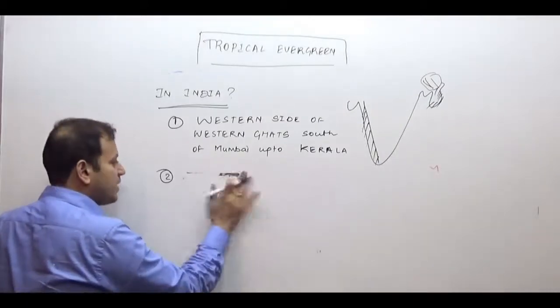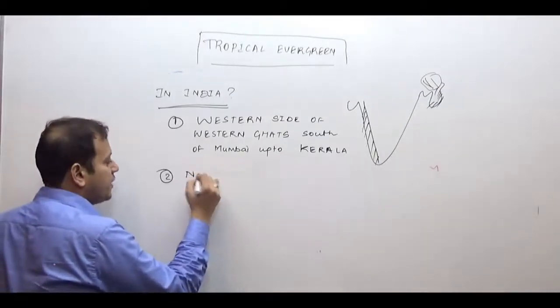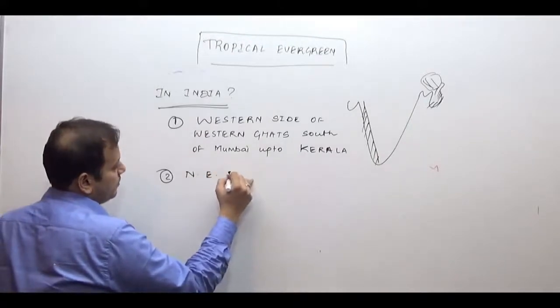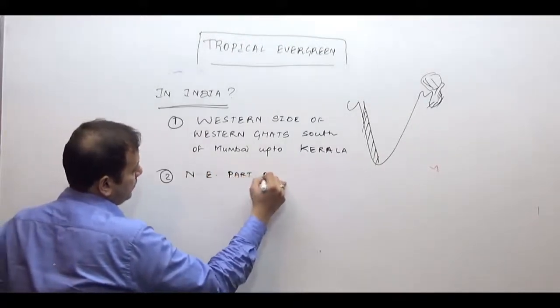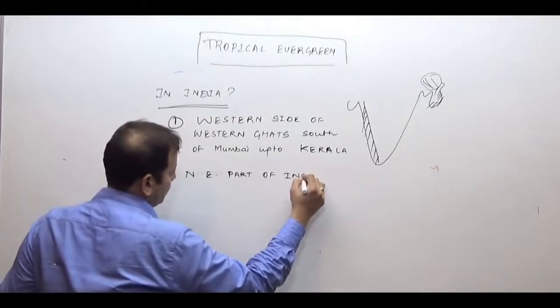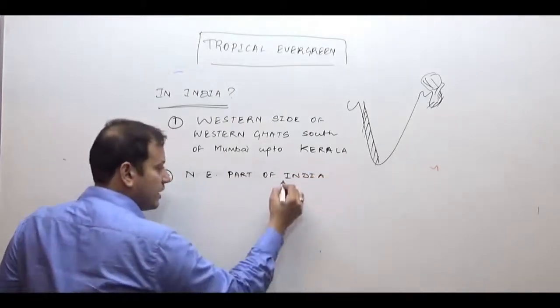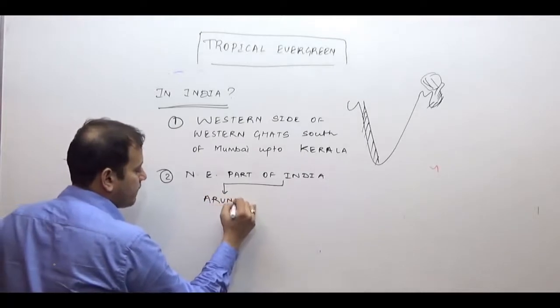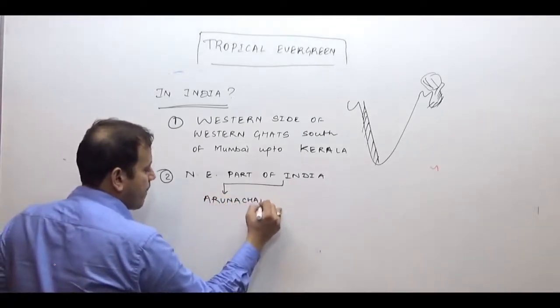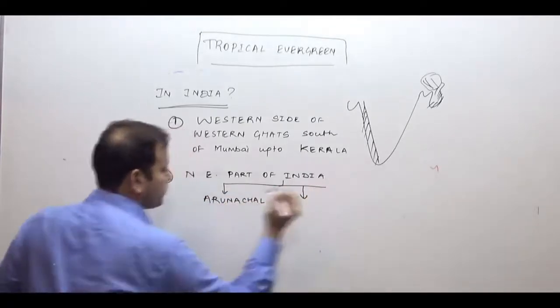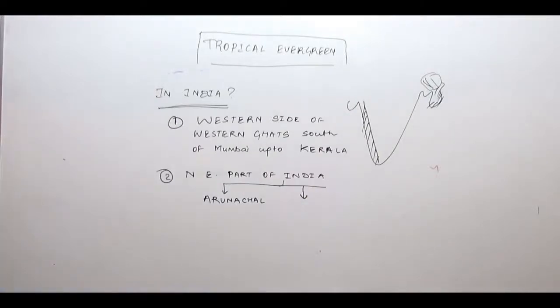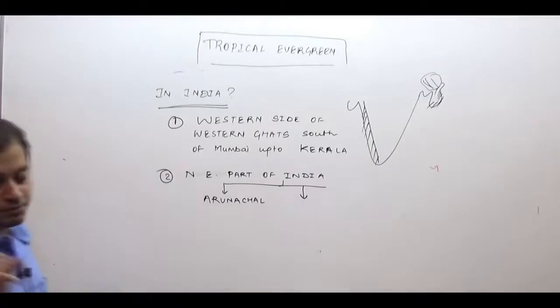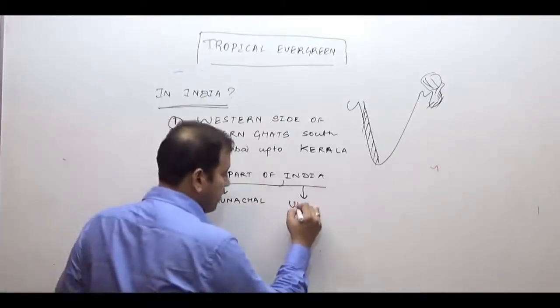or we can say the northeastern part of India, which includes Arunachal, which includes the states of Upper Assam, Nagaland, Manipur, Mizoram, Tripura.